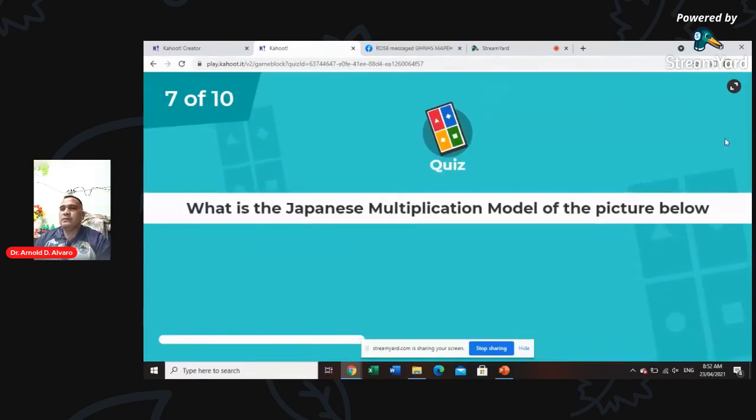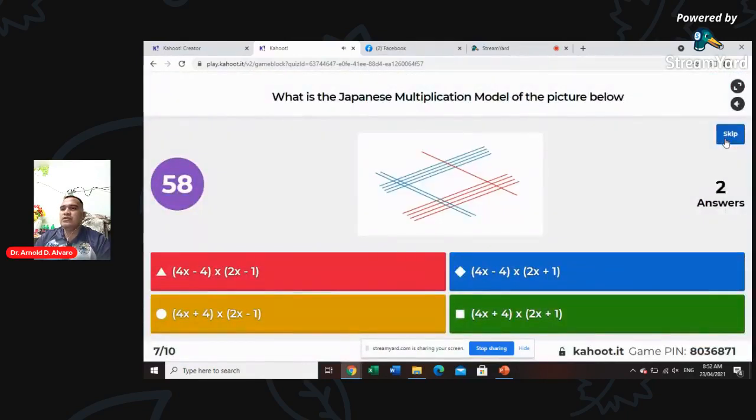Next, we have 7 out of 10. What is the Japanese multiplication model of the picture below? Is it 4x minus 4 multiplied to 2x minus 1? Or 4x plus 4 multiplied to 2x minus 1? Or 4x minus 4 multiplied to 2x plus 1?